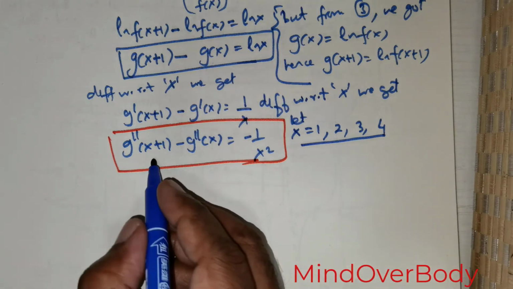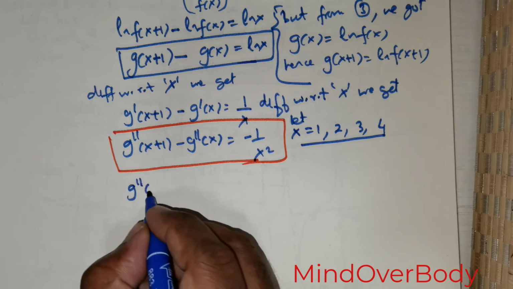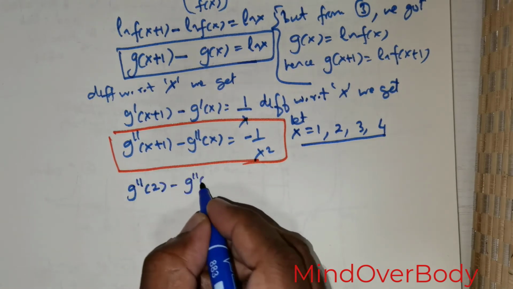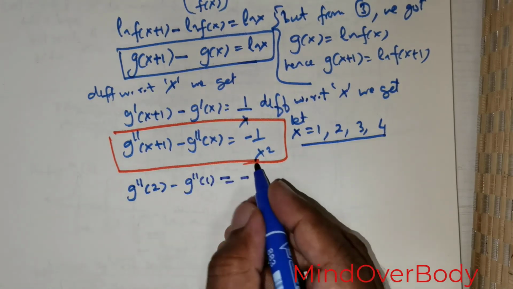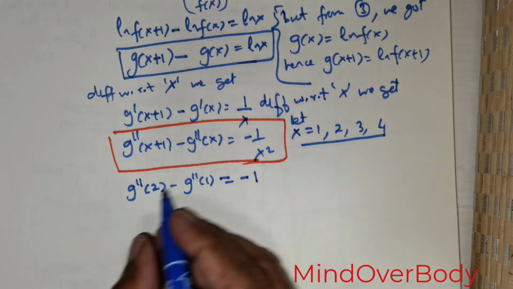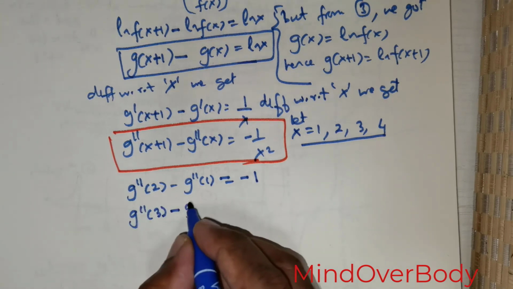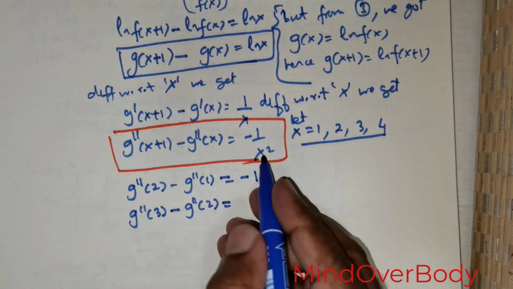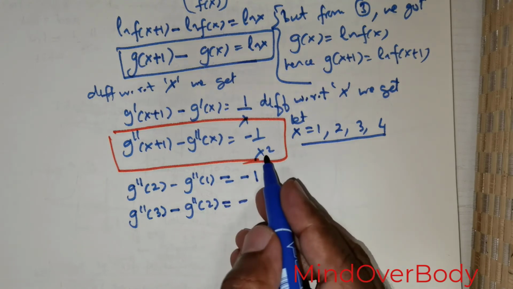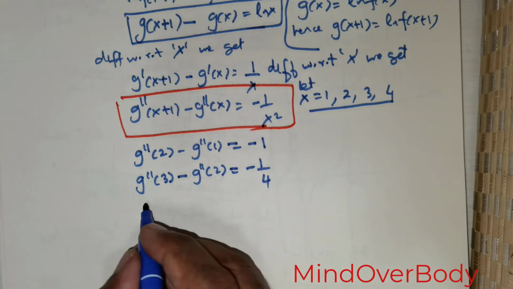So when x is equal to 1, this is going to be g double dash of 2 negative g double dash of 1 is equal to negative 1 over 1, which is negative 1. When x is equal to 2, g double dash of 3 negative g double dash of 2 is equal to negative 1 over 4.